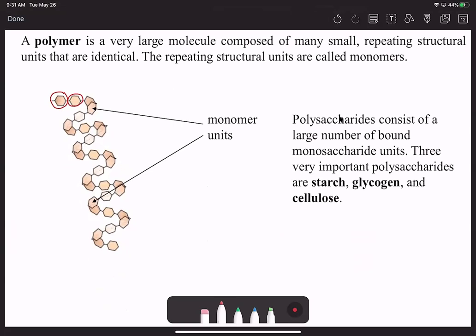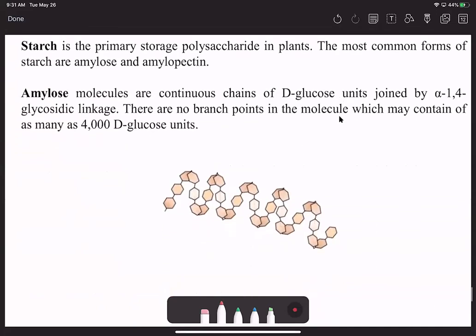So we're going to talk about starch, glycogen, and cellulose. Starch is the primary storage in plants for these glucose units. Amylose is one of the smaller ones here.